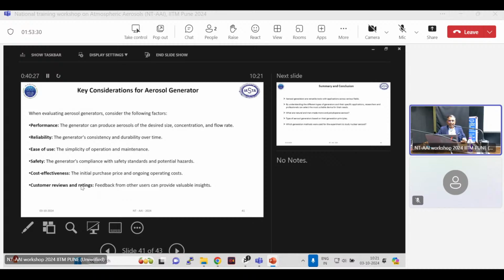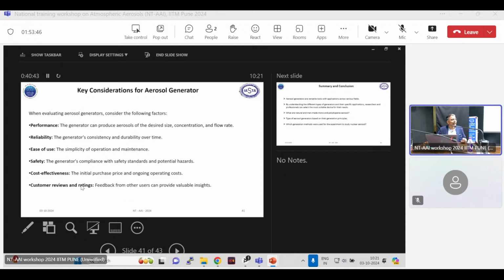Then the key considerations for an aerosol generator, like performance: it should not work just once or twice. It should work over a month or a year to serve your purpose. Then reliability and use safety.